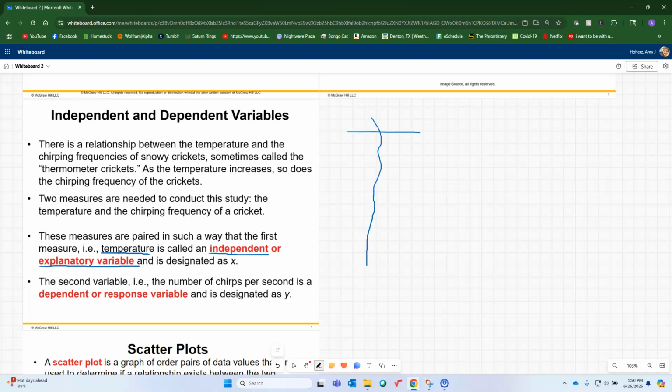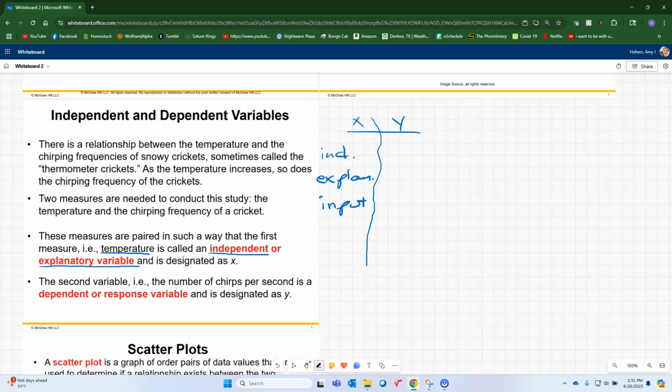All right. So you can have your x and your y. The x can either be called independent or explanatory or the input.